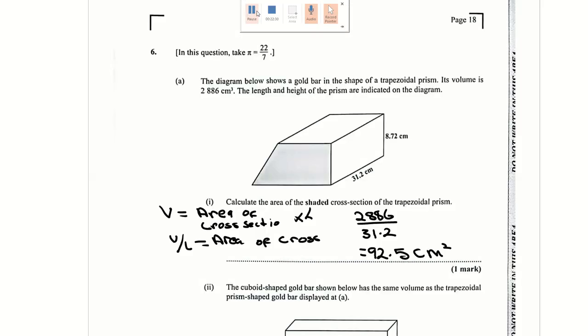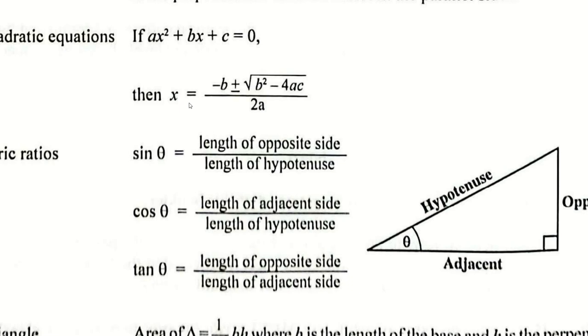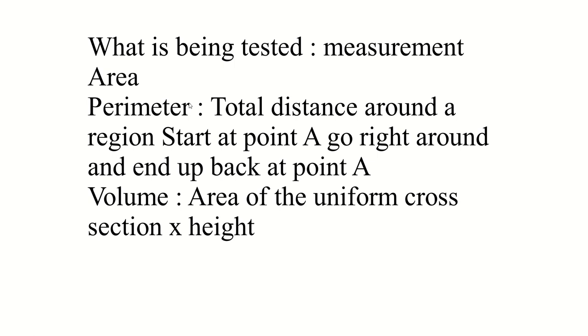Let's do May, June 2024, number 6, paper 2, the tell you part. When we go into this, we need to remember the things that I mentioned before: your perimeter is the total distance around a region, starting from point A, we go right around, and you have to end up back at point A. Then your volume is the area of your cross section multiplied by your height.